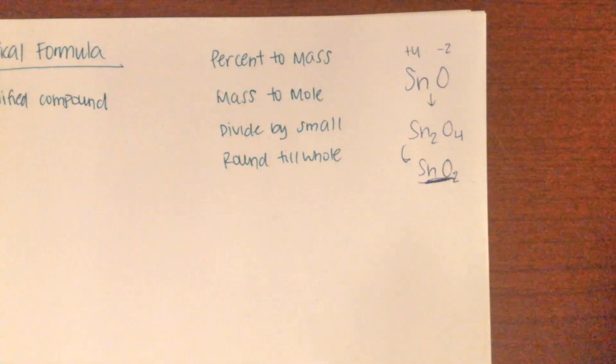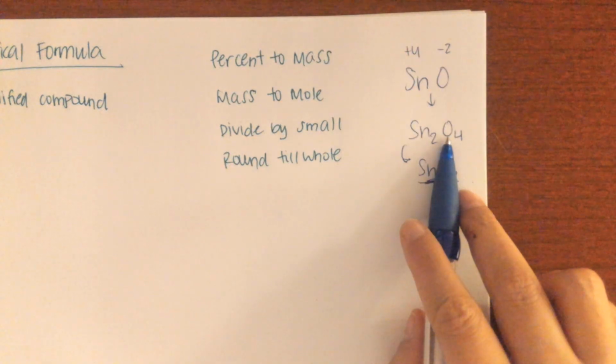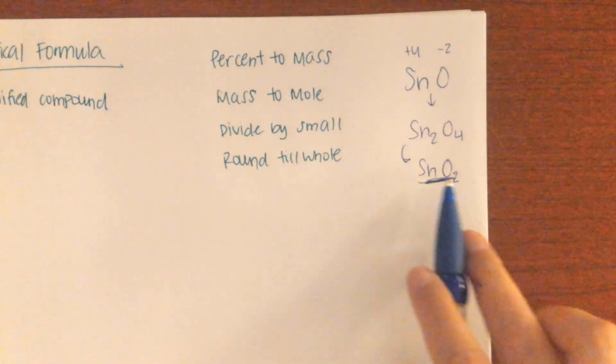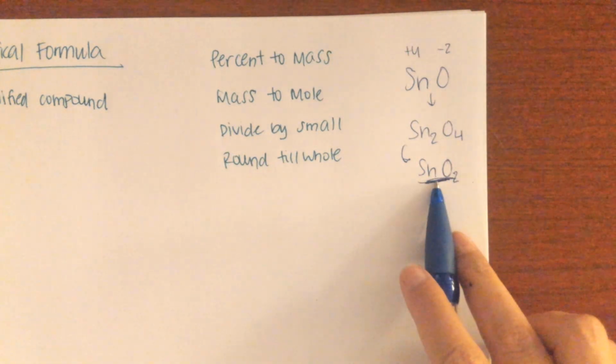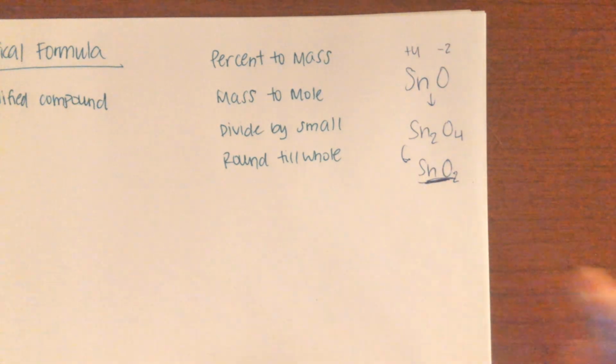This is empirical. This is molecular, which we'll get into in another video, but this is empirical, and instead of being given charges and whatnot, we'll just be given percentages of mass to figure out our subscripts.